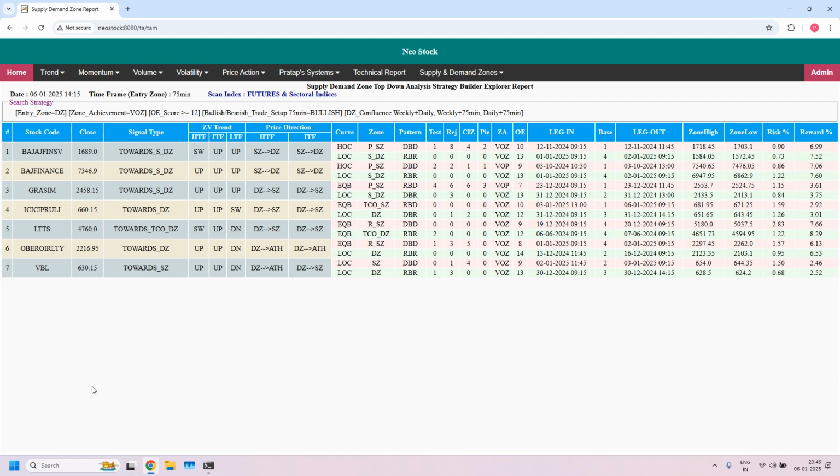All these 75 minute zones are part of daily zones, and both together are part of weekly. And weekly trend is up in some of these stocks, sideways in 2 stocks. But of the uptrend stocks, how many are having weekly EMA confluence? Let's verify.